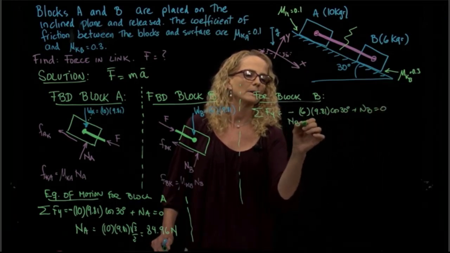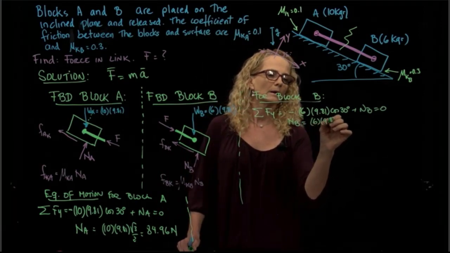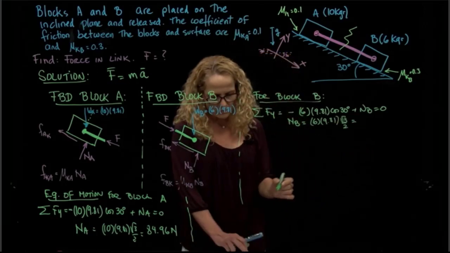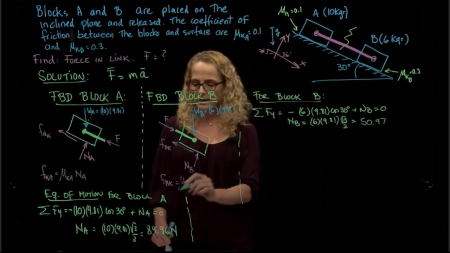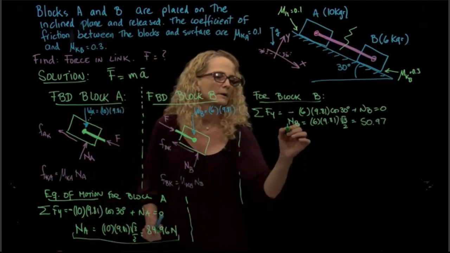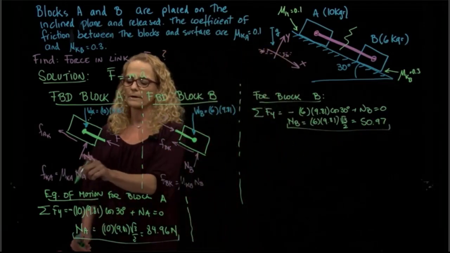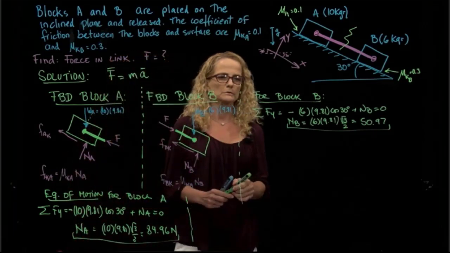So NB is equal to 6.981 square root of 3 over 2, which is equal to 50.97. So I have my two normal forces. That means that I do have my friction forces too, because I already related the friction force to the normal force by the friction coefficient.